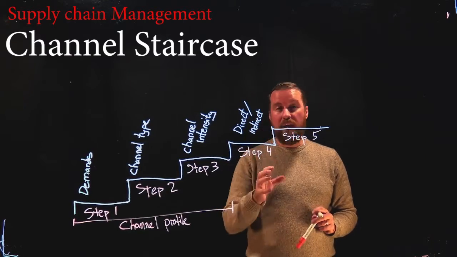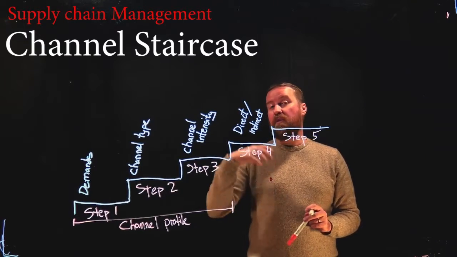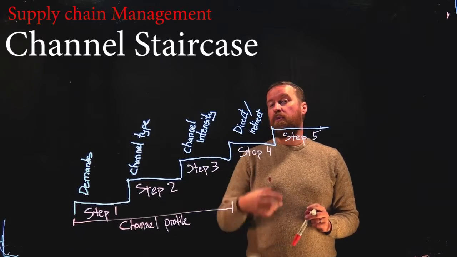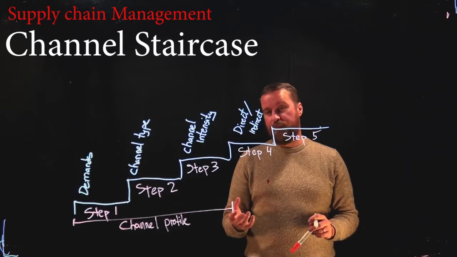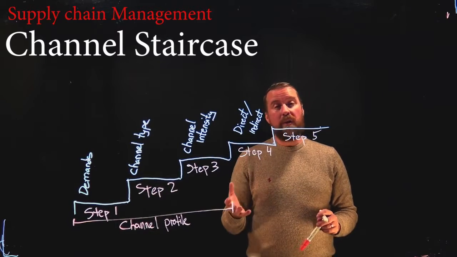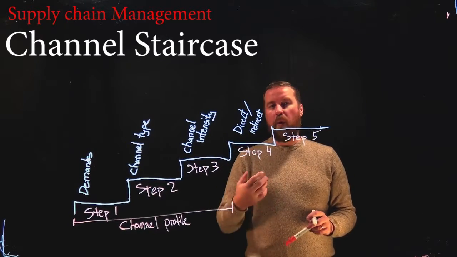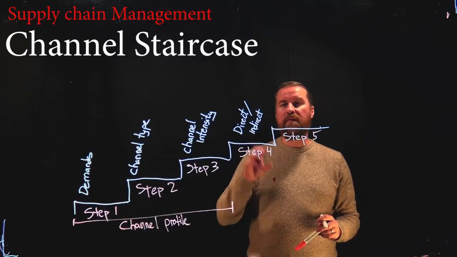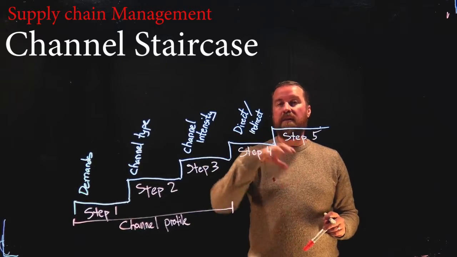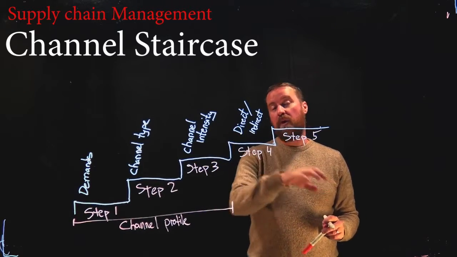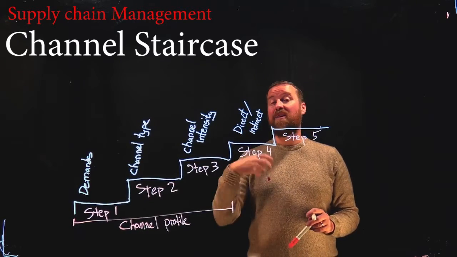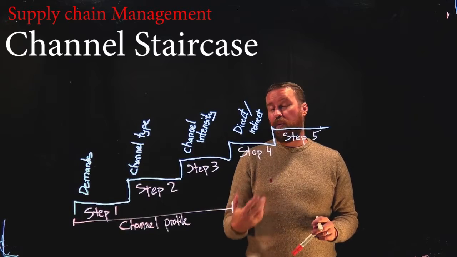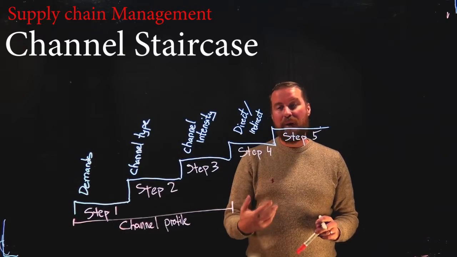Are we going indirect? Then we are selling it through resellers, distributors, chain stores, etc., that we do not own. Or do we do a combination, which is what we see more and more these days, where you have an indirect distribution physically across the country, but also supplemented by an online direct channel. You can buy our products directly from our website.